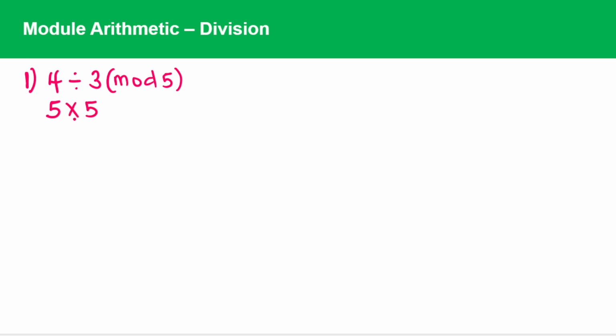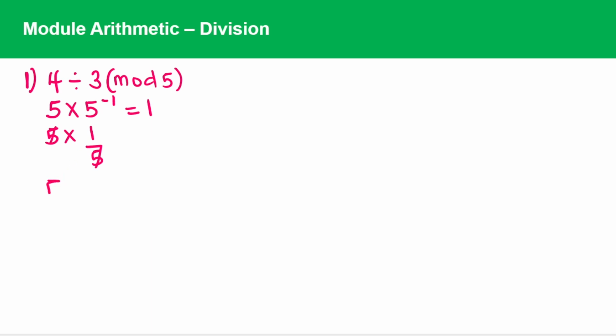The multiplicative inverse of 5 is the number that will multiply 5 to give us 1. Obviously, that number is 5 to the power of minus 1, because 5 to the power of minus 1 actually means 1 over 5, and 5 times 1 over 5 gives 1. Therefore, the multiplicative inverse of 5 is 5 to the power of minus 1.